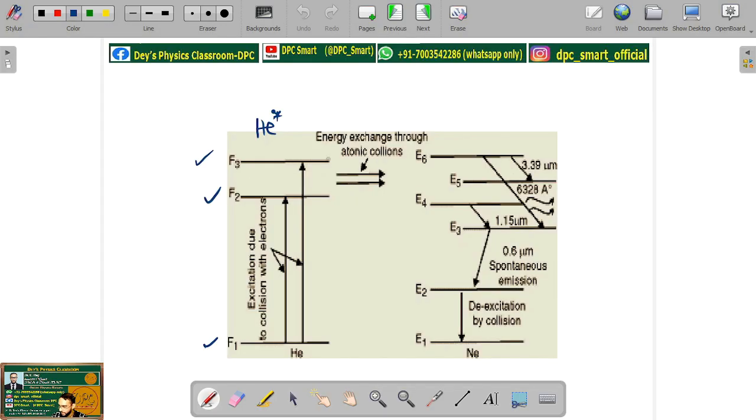This resonant energy transfer occurs from F3 and F2 levels to E6 and E4 levels of neon. This happens because F3 and F2 levels are almost equivalent to the energy levels of E6 and E4.